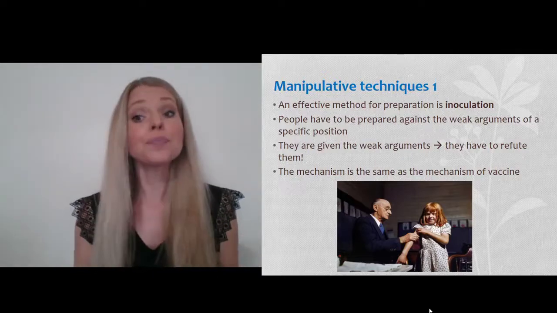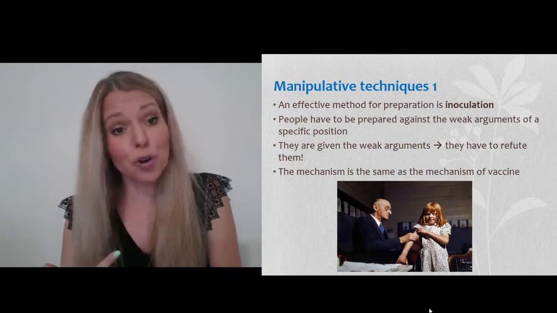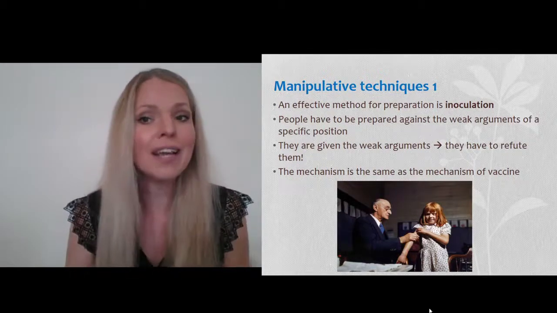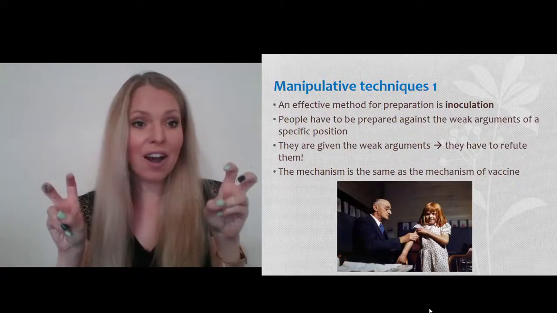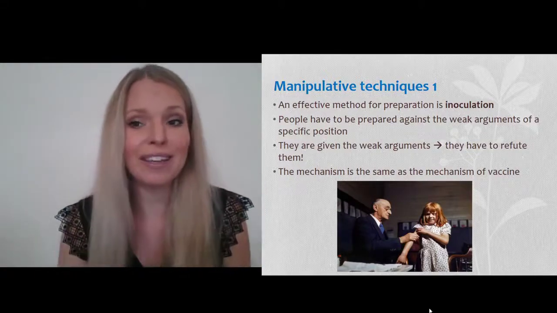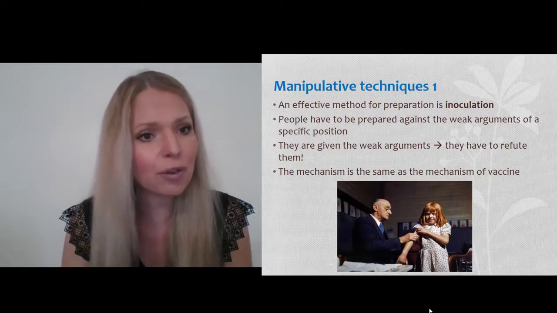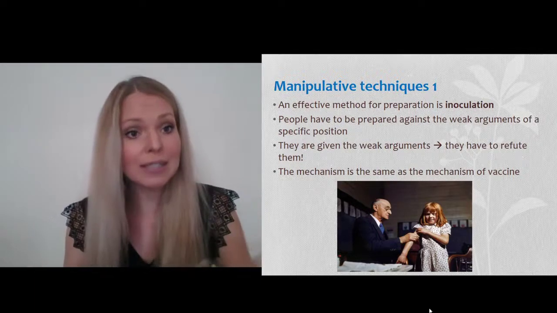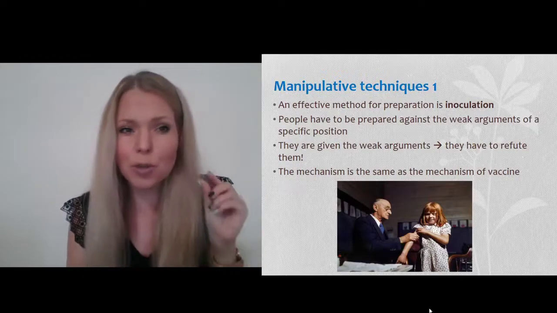So if you want to actually convince somebody of your truth, or you want somebody to think according to you or your taste, this is a smart way, because you will just give them the weak argument or the weak version of the virus, and then they will think, oh yeah, this is rather problematic. They will be thinking about real arguments and real ideas, because they only got a breadcrumb.